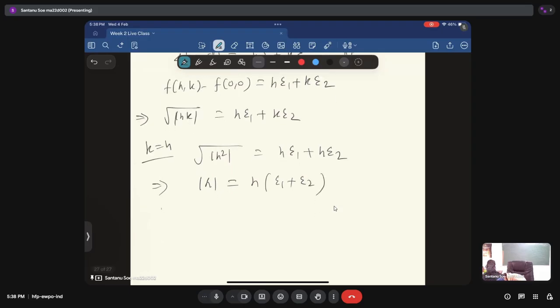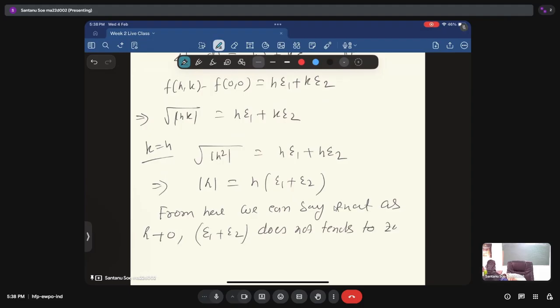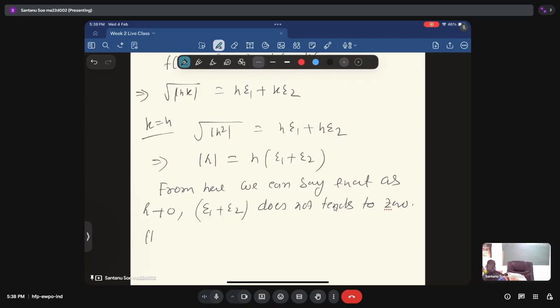So from here, we can say that as h tends to 0, epsilon 1 plus epsilon 2 does not tend to 0. Hence, the function f is not differentiable at (0,0).